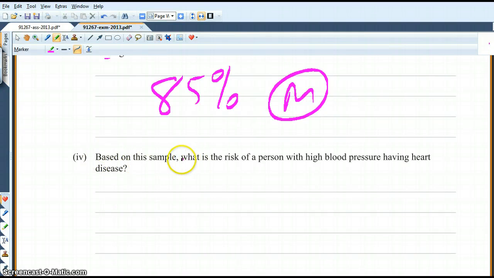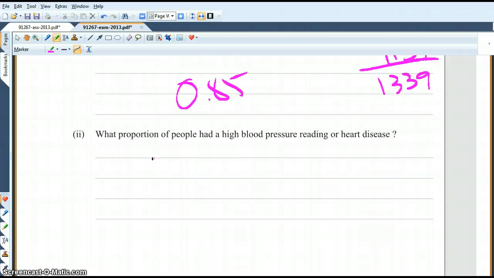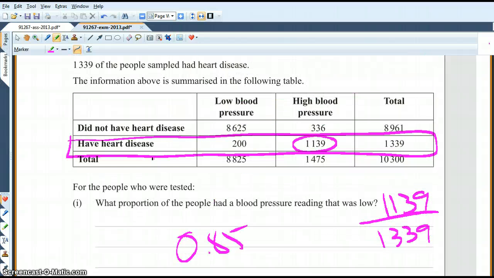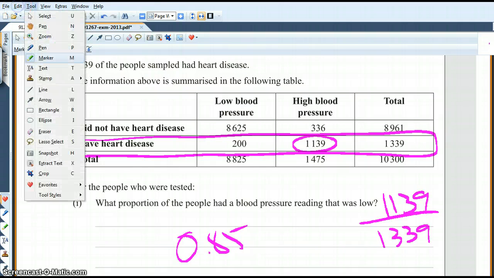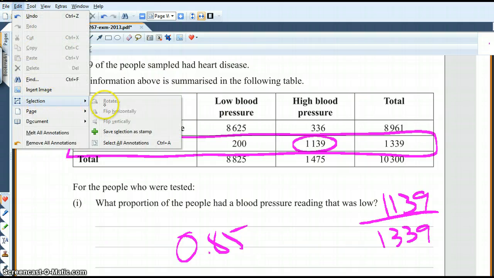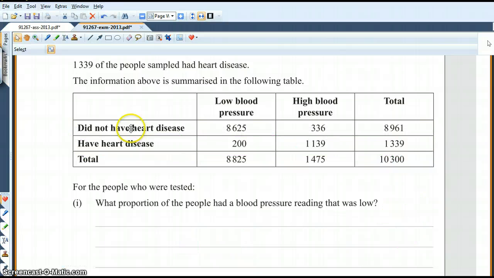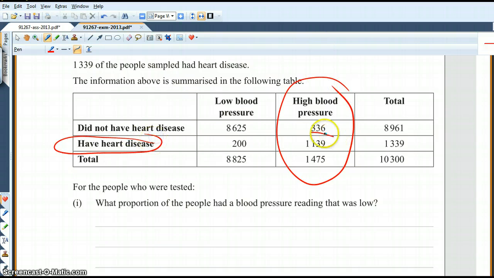Based on this sample, so based on the data we've got, what is the risk of a person with high blood pressure having heart disease? So if you've got high blood pressure, how likely are you to have heart disease? So in this case, we're going to get rid of those annotations again. We are only looking at people who have high blood pressure and how likely do they have heart disease.